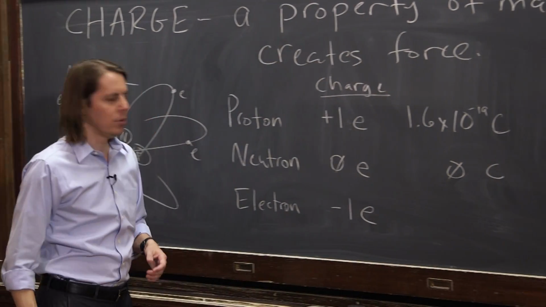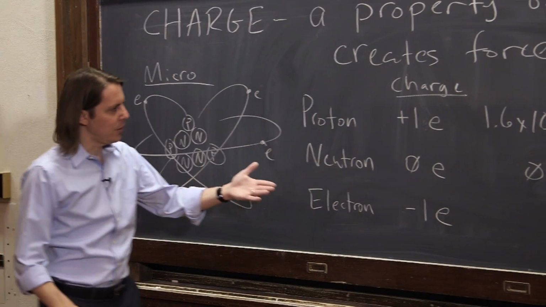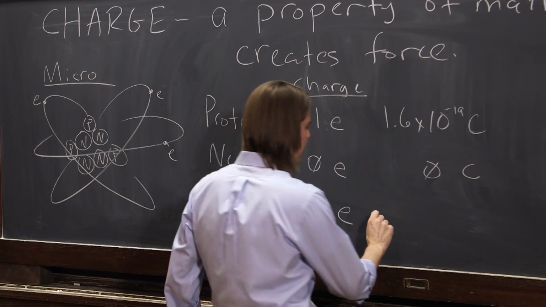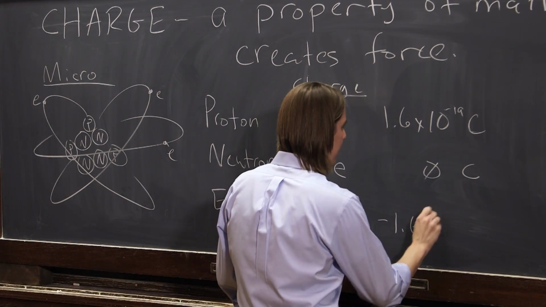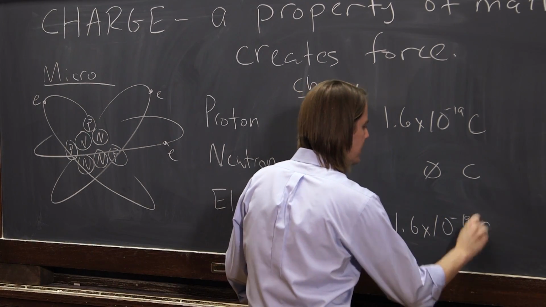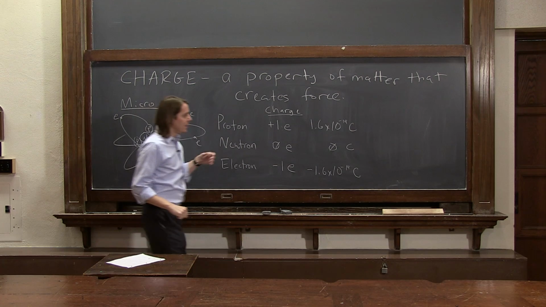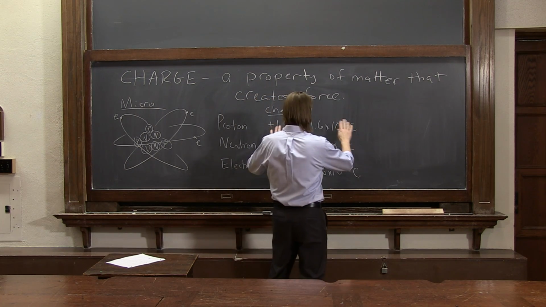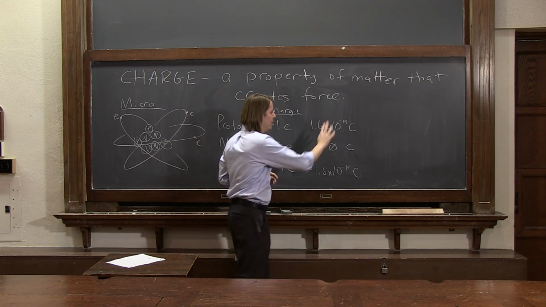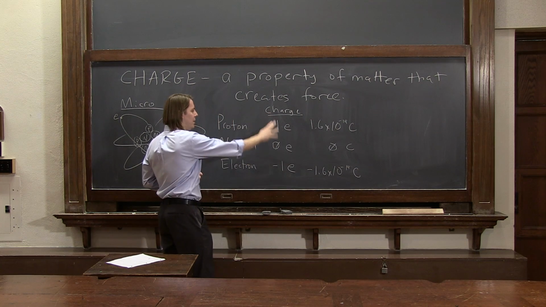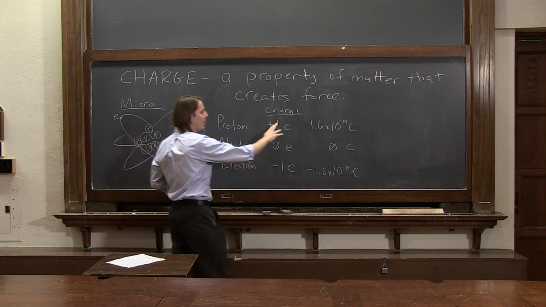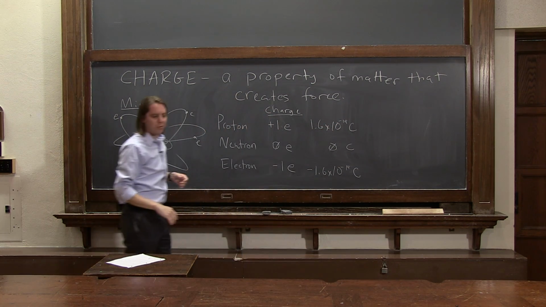So it has a charge of 0 coulombs. And the electron is the same but negative, so minus 1.6 times 10 to the minus 19 coulombs. So here you can see that the difference between micro and macro is pretty big. A coulomb is a macroscopic amount of charge. An e is a microscopic amount, and the difference is 19 orders of magnitude.